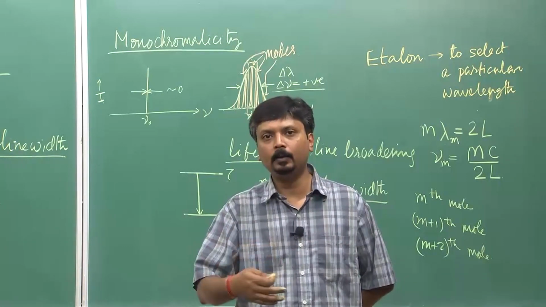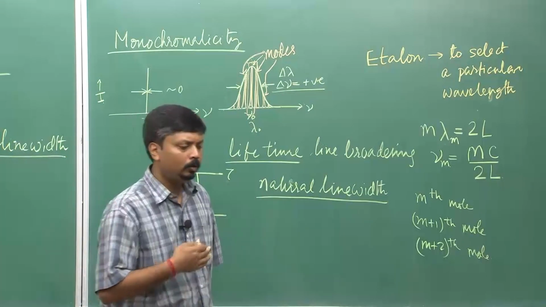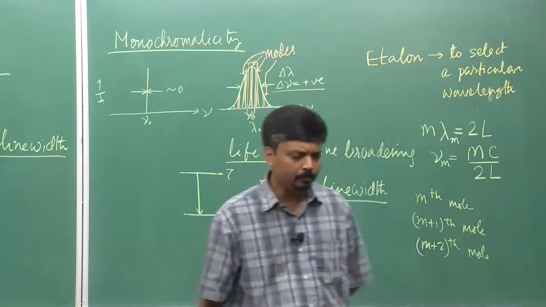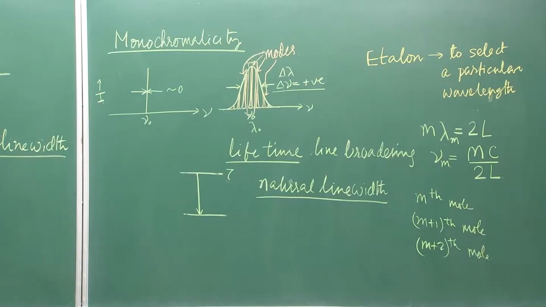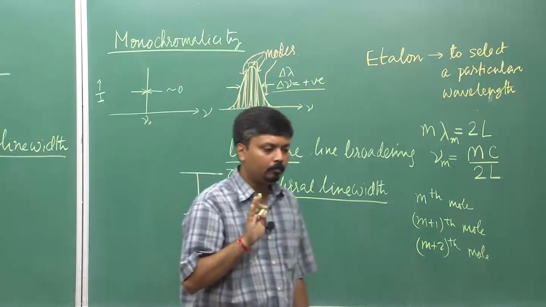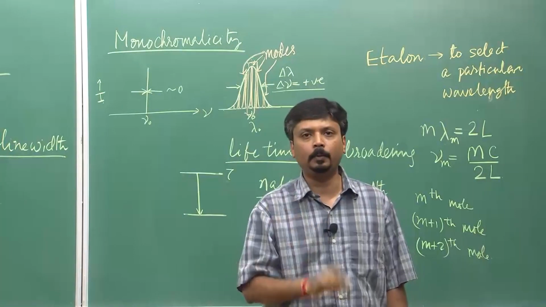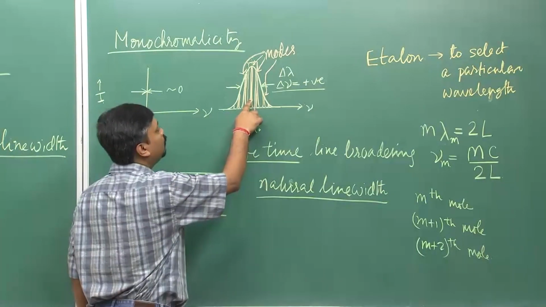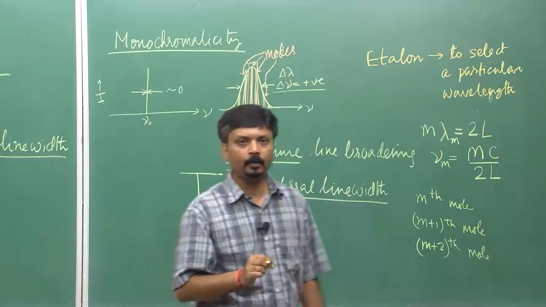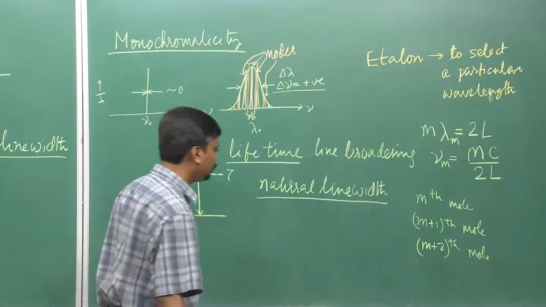So, I get a particular mode. We can choose the etalon in such a way that I can get the particular wavelength that I want. So, I can ultimately get a light output which has very narrow line width. You can easily see that these modes are associated with line widths which are really narrow. So, we can call that monochromatic. They are fairly monochromatic.